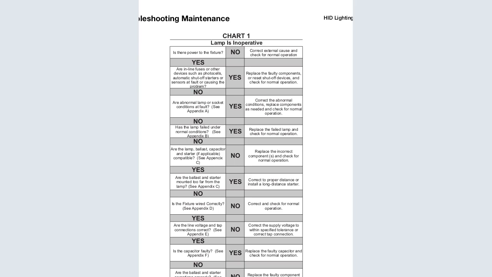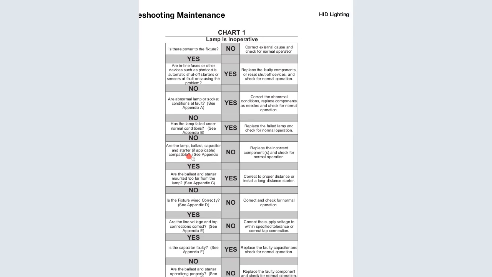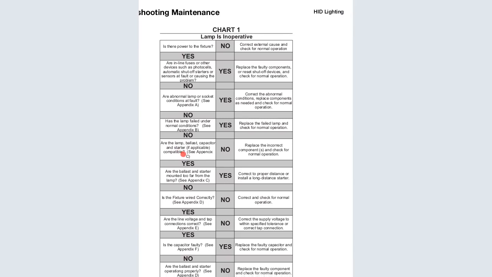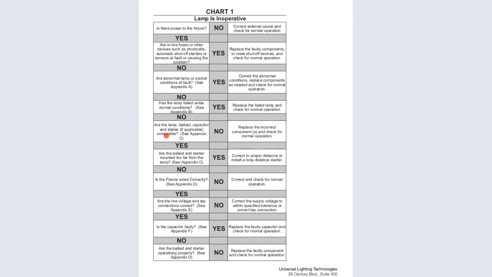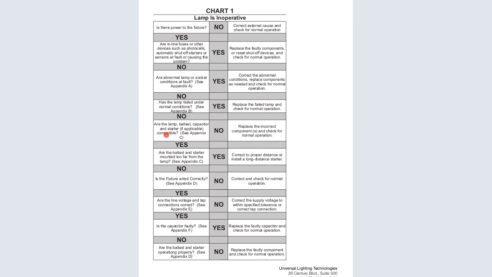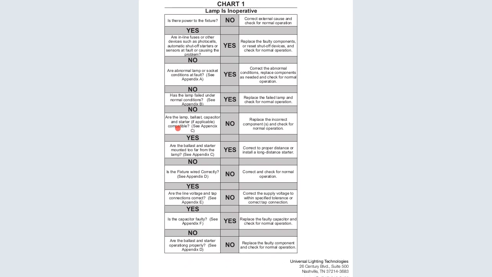If the answer is no, then check the external cause and check for normal operation. If the answer is yes, then check whether inline fuses or other devices such as photocells, automatic shut-off devices, or sensors are at fault or causing the problem. If the answer is yes, then replace the faulty components or reset shut-off devices and check for normal operation.